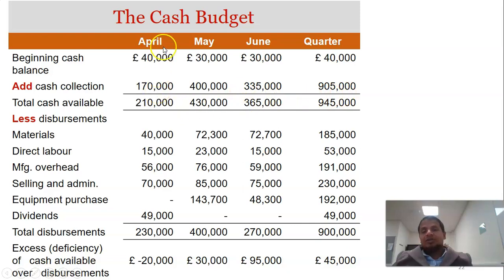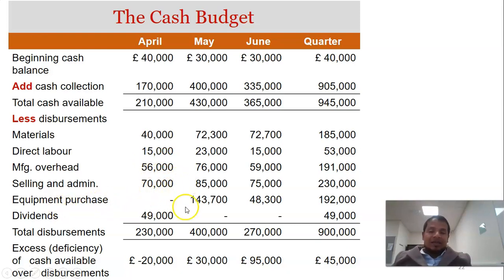So cash beginning balance plus collection, you'll get available cash, minus cash payments. Payment for material purchase, payment for labor, payment for manufacturing overhead, selling and administrative overhead. Obviously the cash amounts only, as I mentioned before, only the cash, not the depreciation.